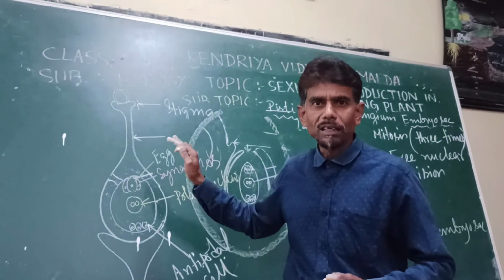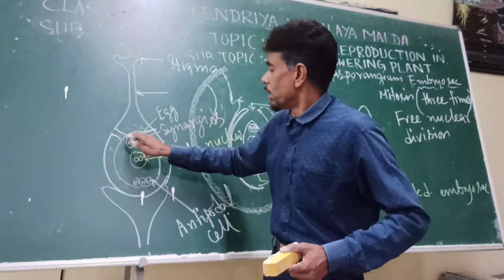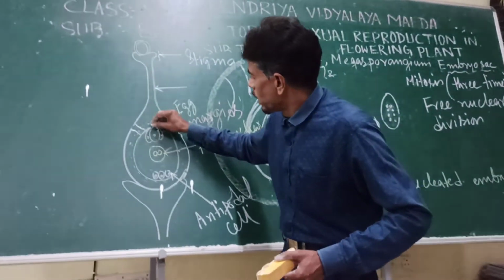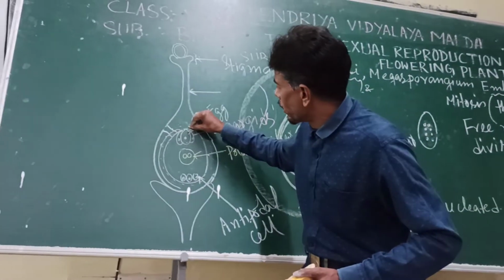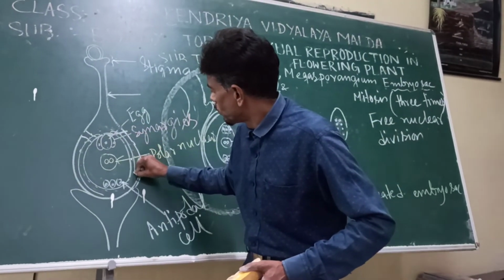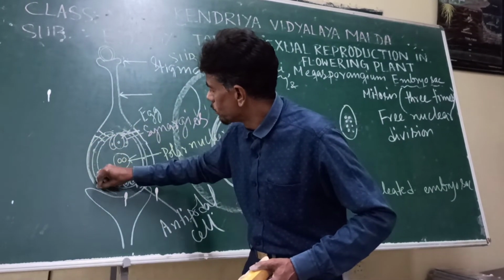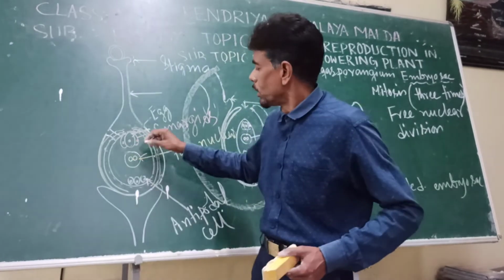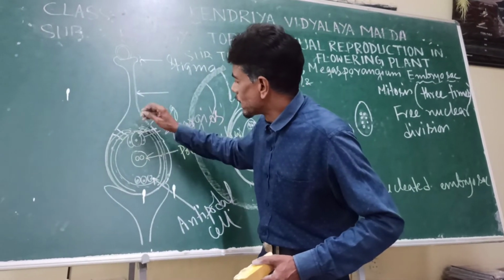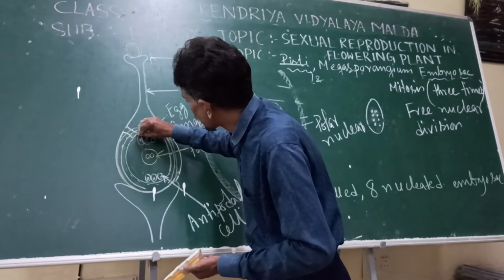In detail I shall take it in the next class, or by that time try to remember the micropylar end of the ovule, which contains 2 synergids. Towards the micropylar end, the synergids have a special thickening. It forms a structure like this.